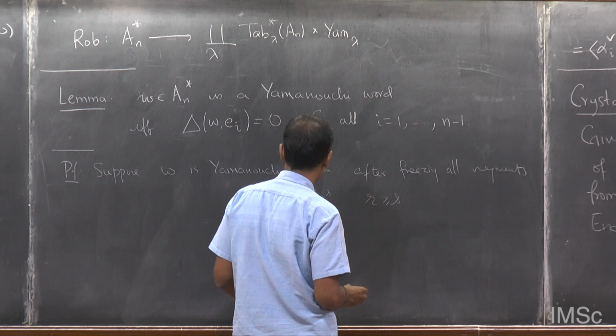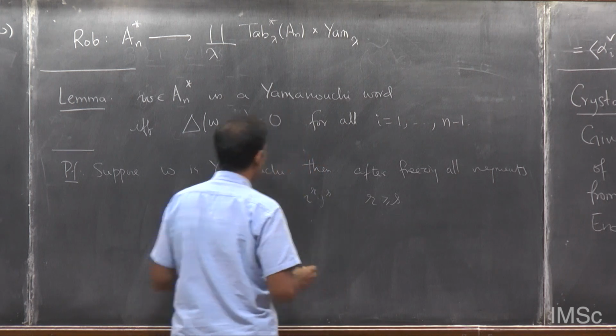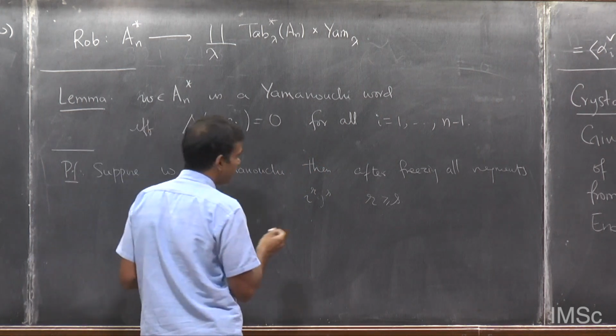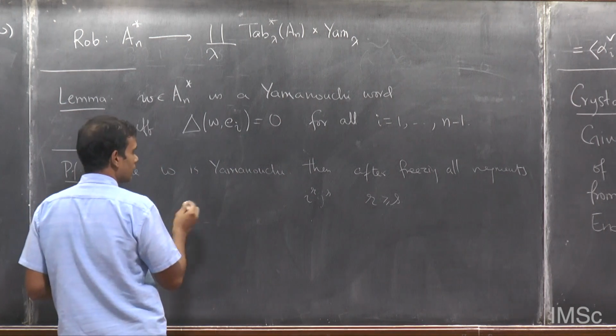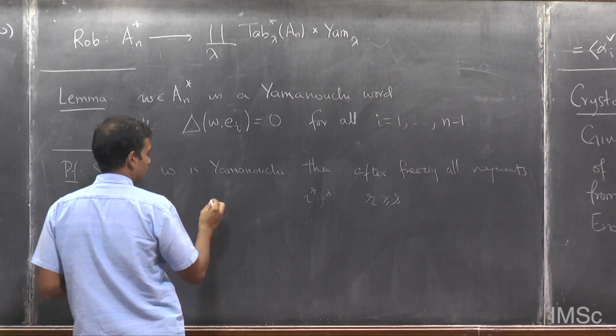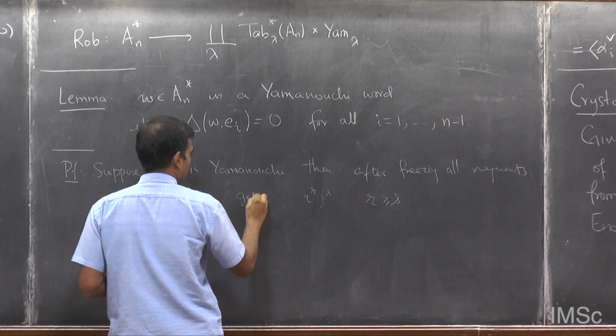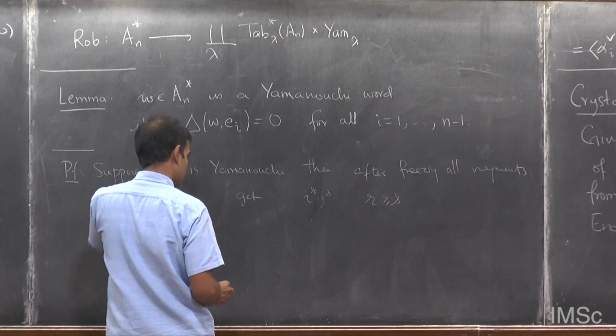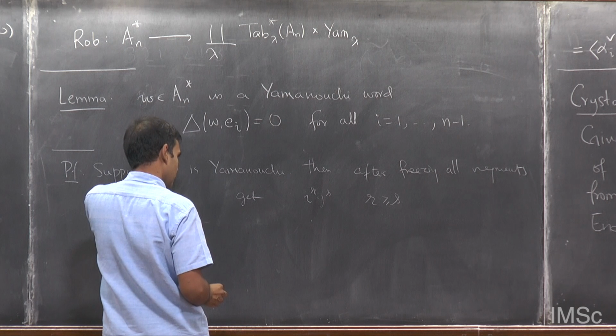After freezing everything, if it's Yamanouchi, there cannot be any j left.